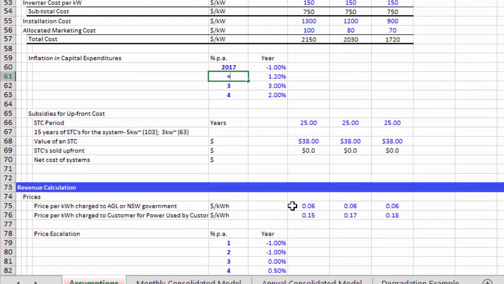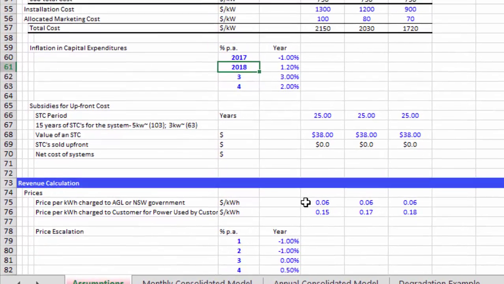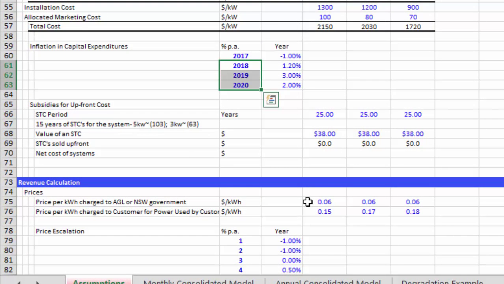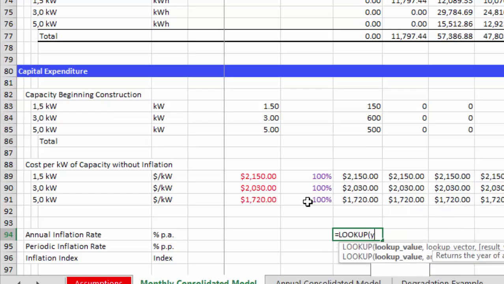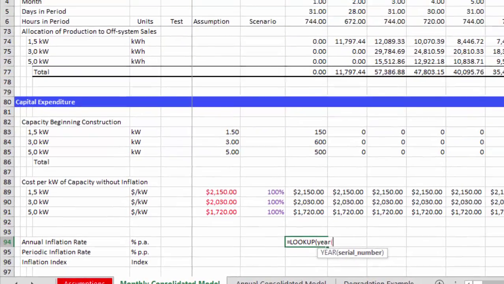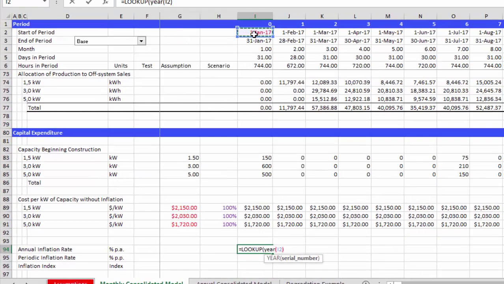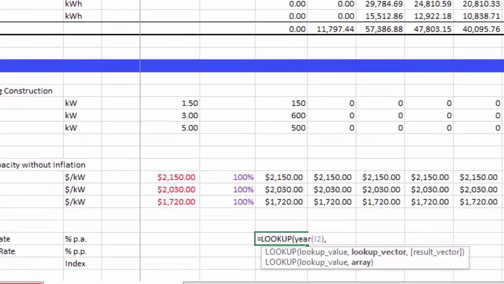2017. Okay, there's no way that our project is going to affect the inflation rate in the whole world. Those are independent of our project. So just put a lookup, and you can put year of the date. Now, I should have probably put in the year, but I forgot to, so we'll do that.